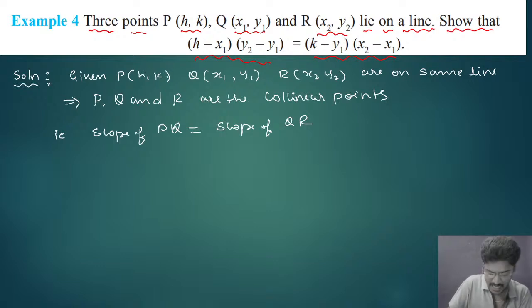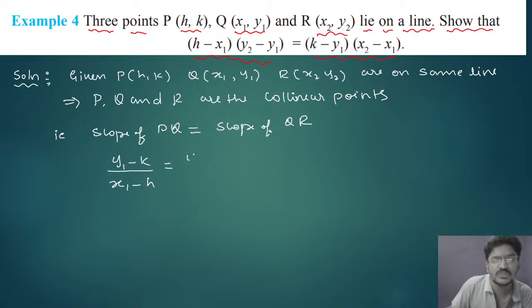This will be equal to the slope of QR, that is y2 minus y1 divided by x2 minus x1.